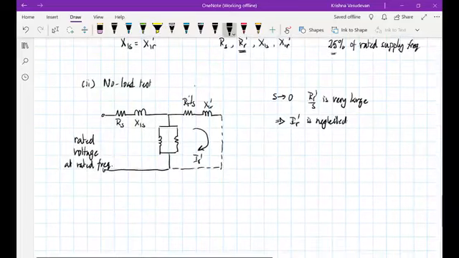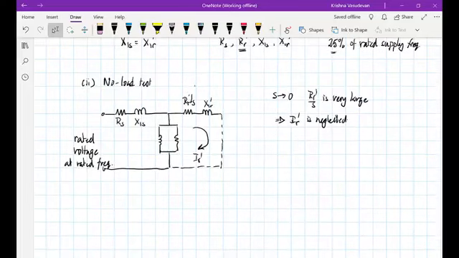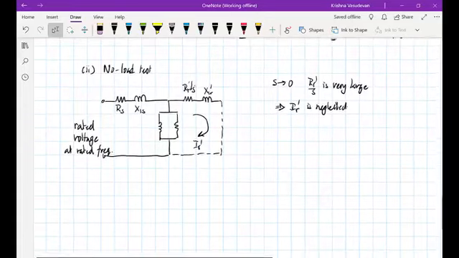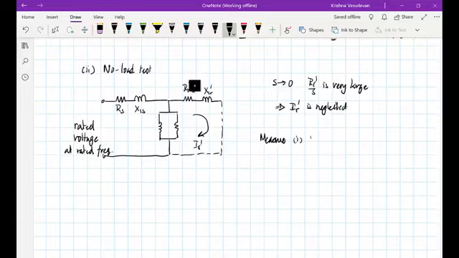So the machine will run at nearly close to synchronous speed, and then we measure voltage applied, current drawn, and third is power drawn.